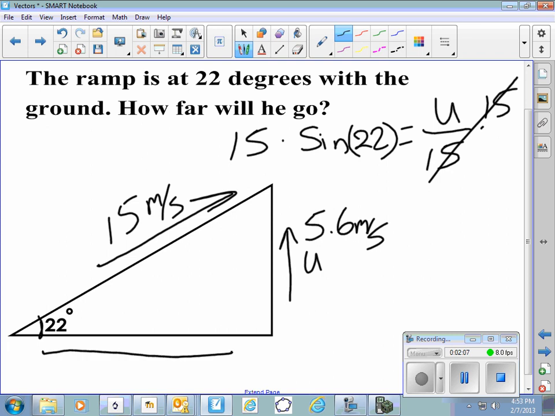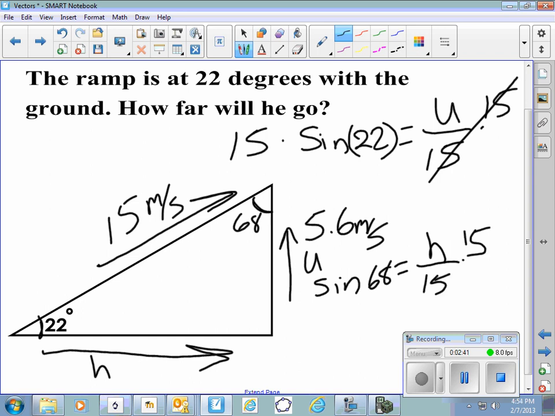Let's check out the horizontal direction. If we want to keep using sine anyways, let's find the other angle. To add up to 90, that one would have to be 68 degrees. So we know that the sine of 68 degrees is equal to the length of the side opposite over the hypotenuse.